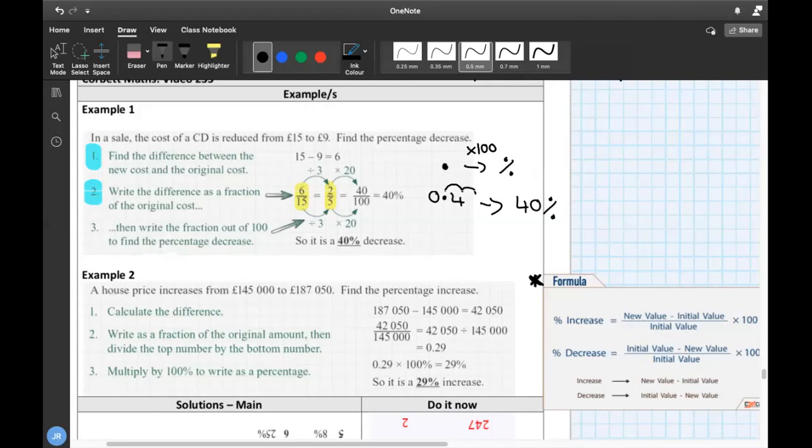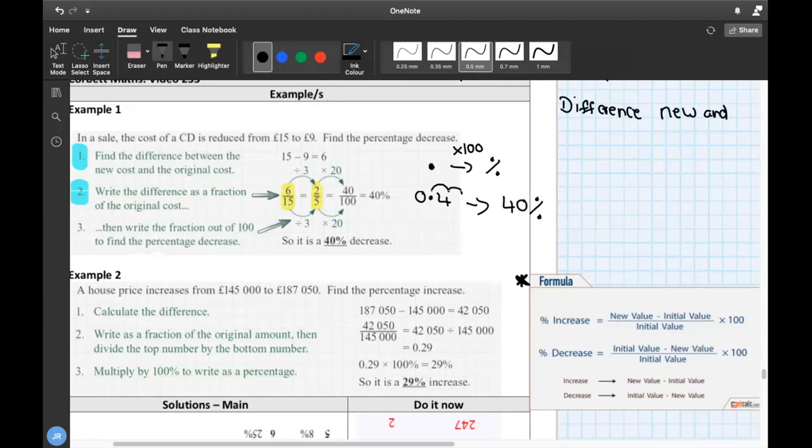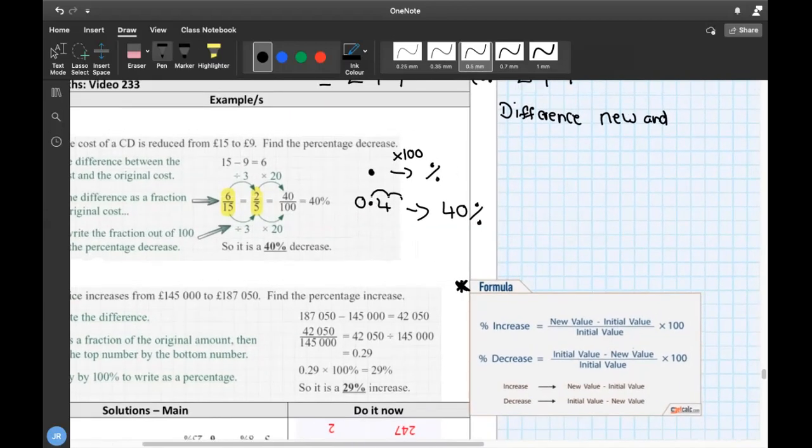Key things to remember here. The key things here are to find your original amount. Okay, so what you want to do is you want to find the difference between new and original. Okay, so the difference between the new and the original.